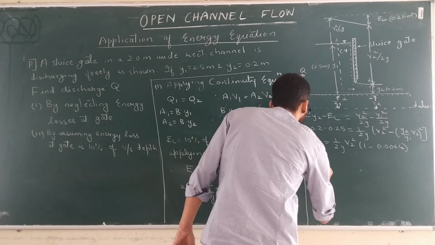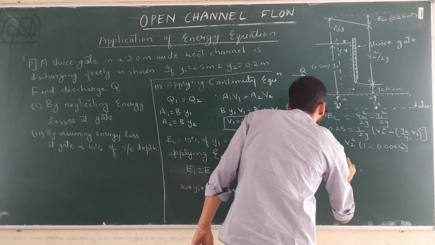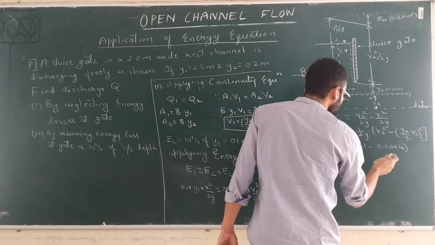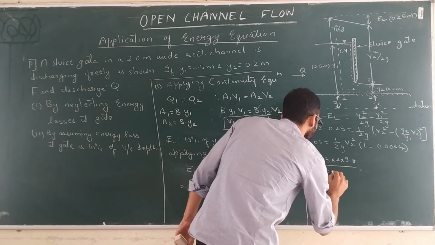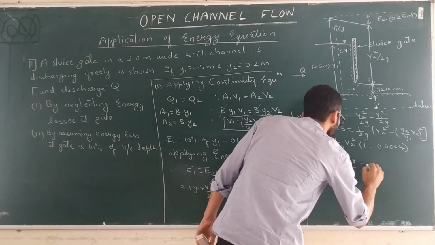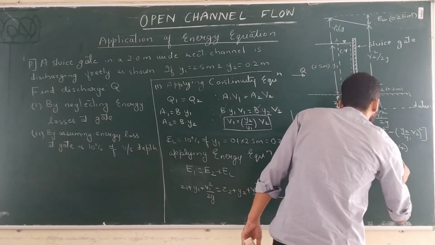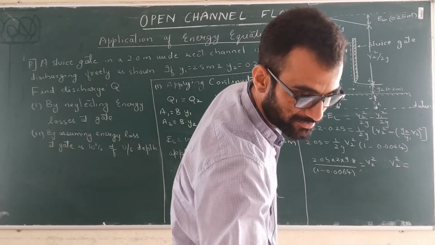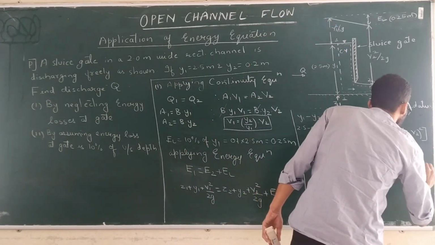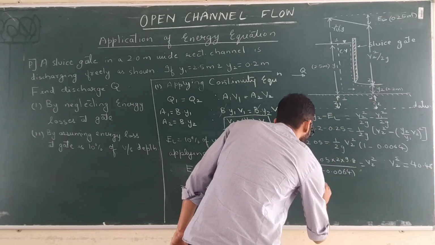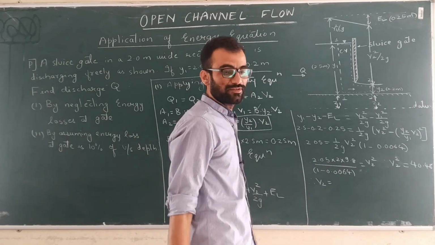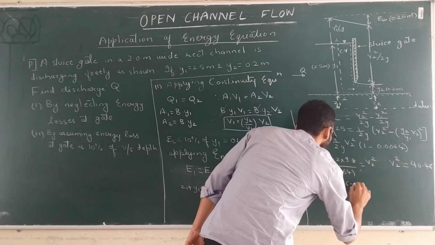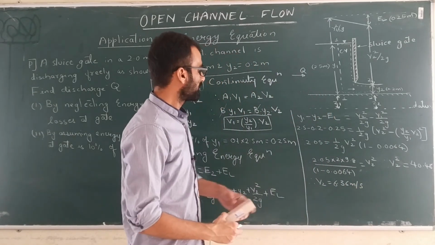So we get 2.05 into 2 into 9.81, just taking the 2G to the left hand side, upon 1 minus 0.0064, equal to V2 square. Therefore the value of V2 square is 40.48. So the velocity at section 2, V2, we are getting is 6.36 meters per second. Okay, so now we have got the velocity V2.